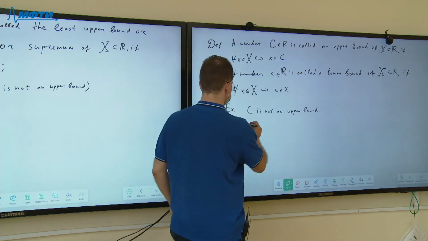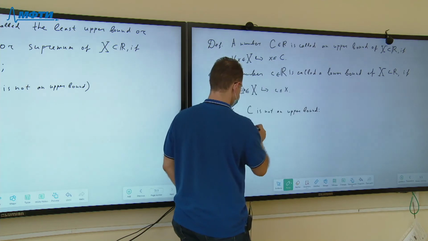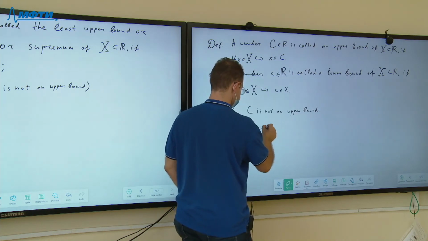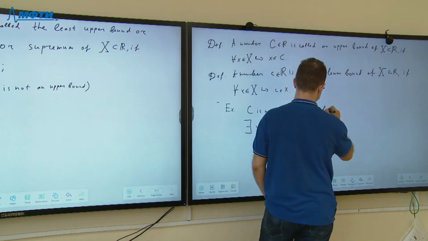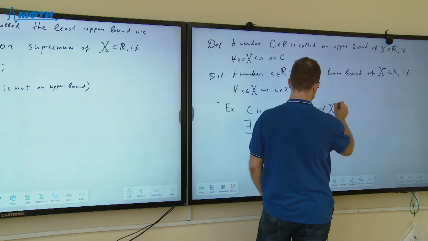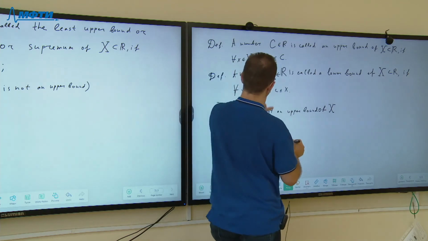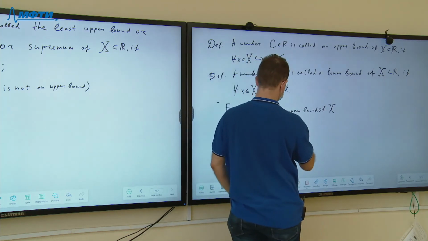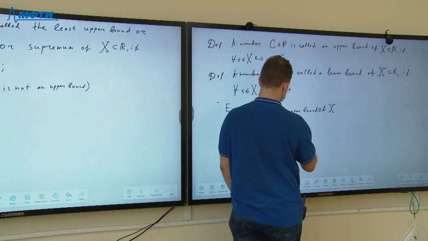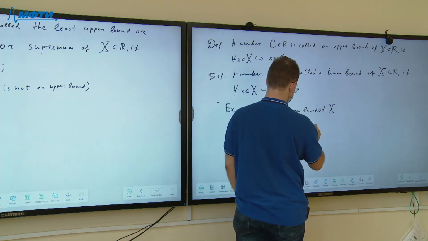We should write down that there is a number x of X such that x less or equal than c is false.